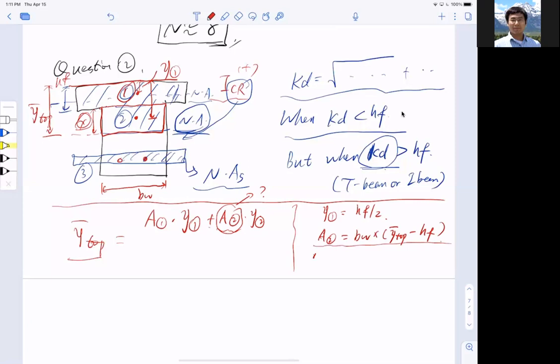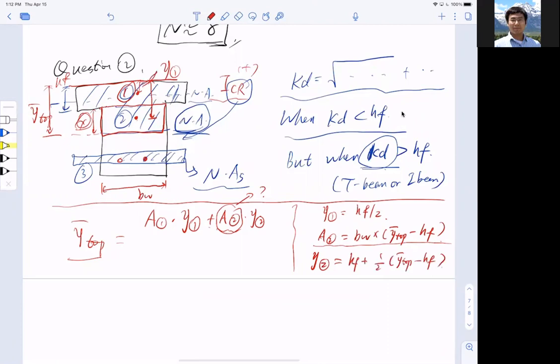And the distance between the center of 2 to the top, y2, equals HF plus half of y top minus HF. So that is y2.